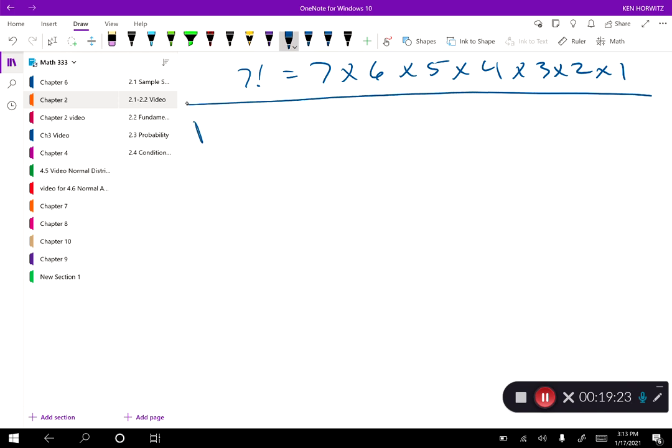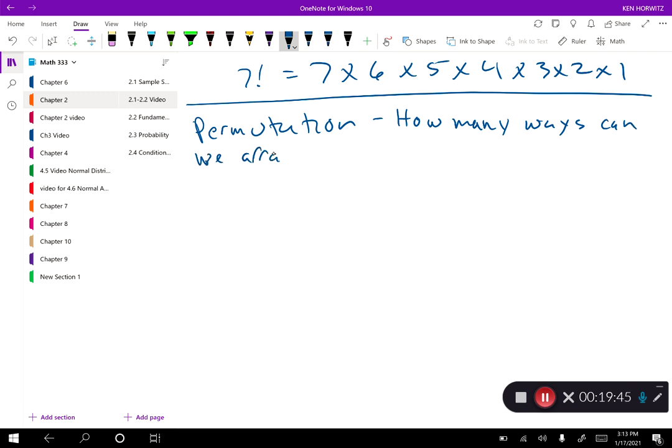So permutation is how many ways can we arrange objects where the order matters.